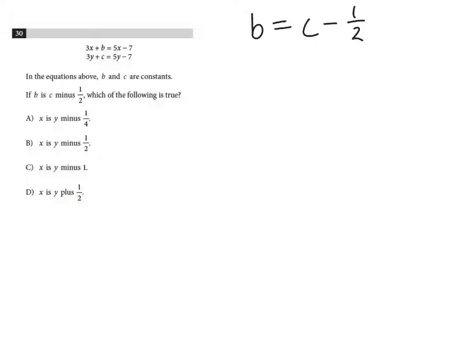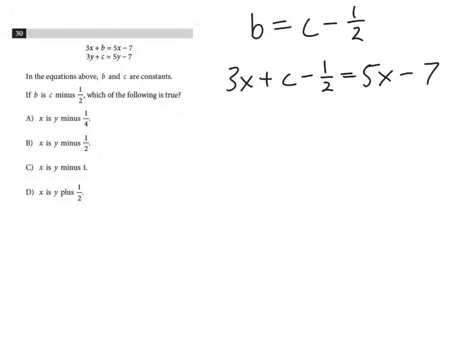So what I'm going to do is plug that into my first equation. So I'm going to get 3x plus C minus 1/2 equals 5x minus 7. Okay. Now if I solve for C, I can replace that into my second equation. Okay, so I'm going to solve for C.